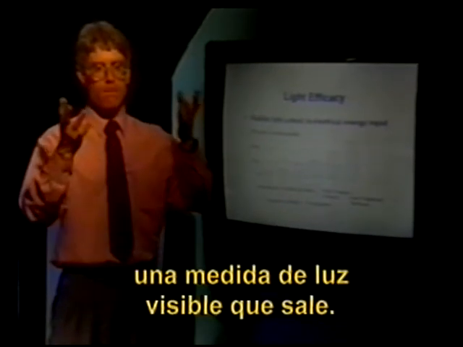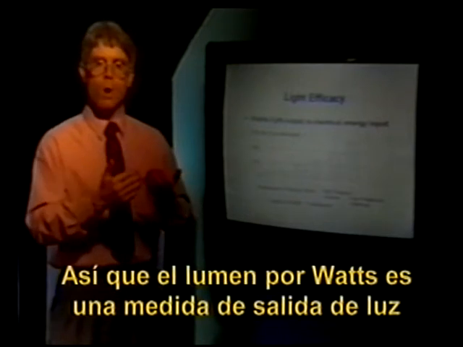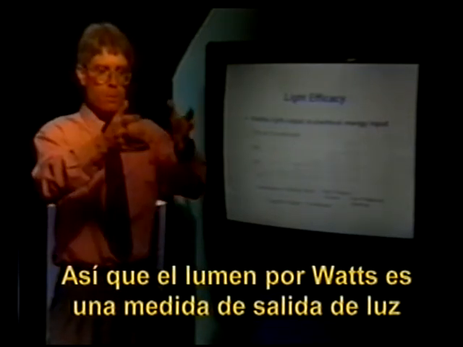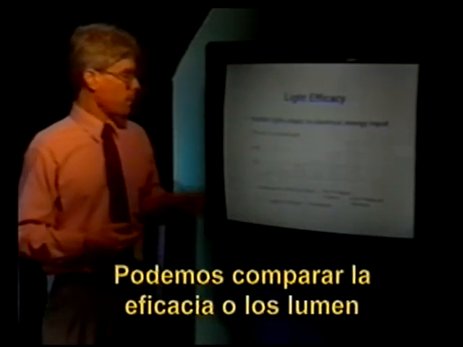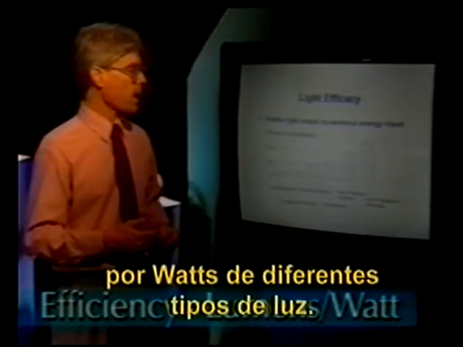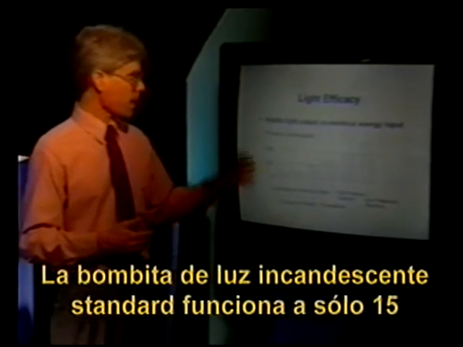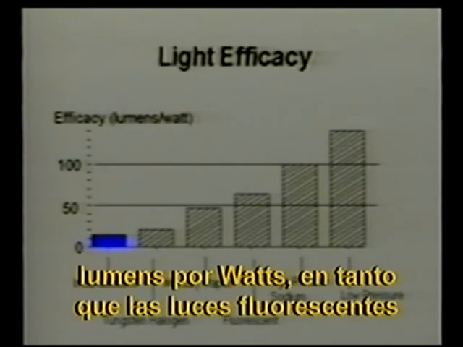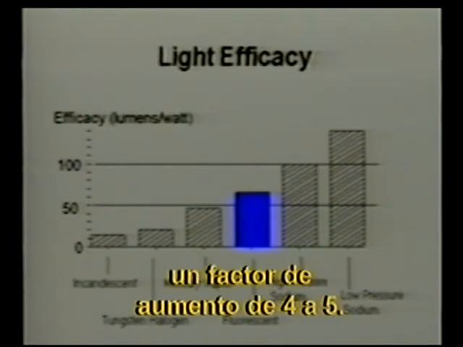Lumens is a measure of visible light out. So lumens per watt is a measure of visible light output compared to electrical power input. We can compare the efficacy, or the lumens per watt, of different types of light. Standard old incandescent light bulbs only operate at about 15 lumens per watt, whereas these fluorescent lights operate at about 60 or 70 lumens per watt, an increased factor of 4 to 5.